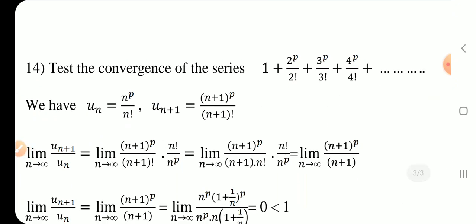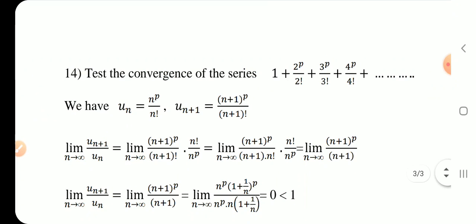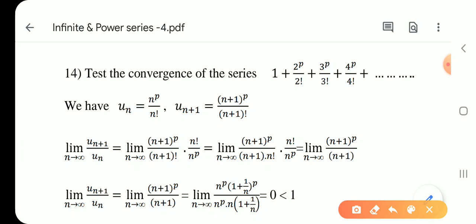So, one similar problem of this kind: 1 plus 2p by 2 factorial, 3p by 3 factorial, 4p by 4 factorial. Here, the first term is 1p by 1 factorial. If I take 1p by 1 factorial, it would be easy for me to write the un. If you see in the numerator, p in the power is common.